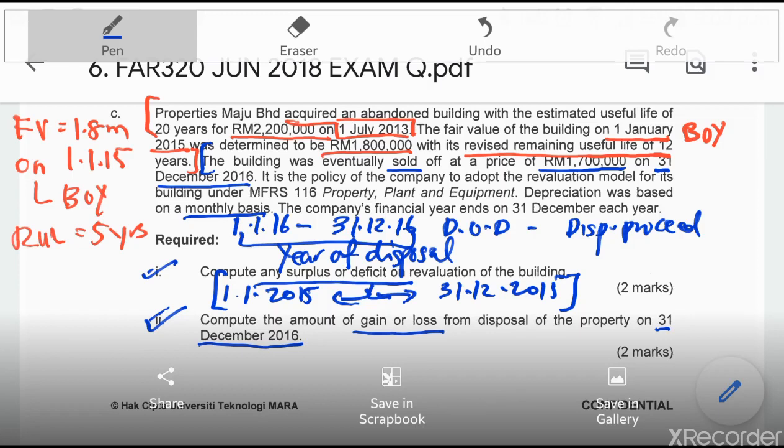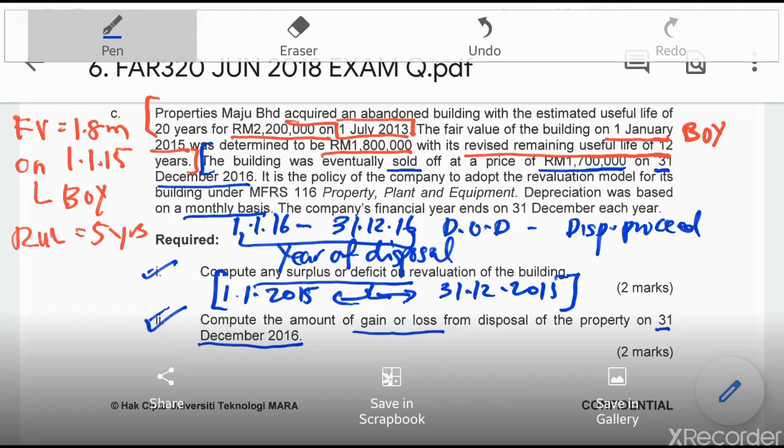And after that, I will give you a bonus answer, which is the effect on the movement of the PPE for building for 2 years. I'm going to show you the movement of building in the notes or the schedule to the PPE for 2015 as well as 2016.